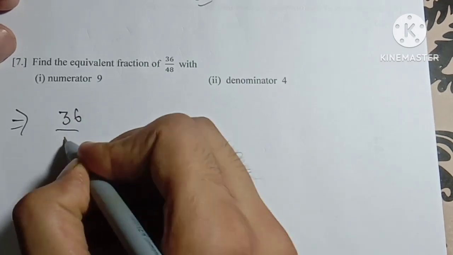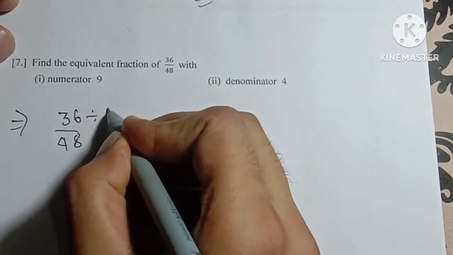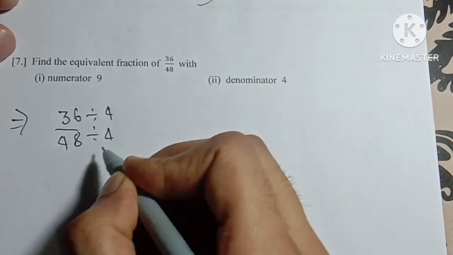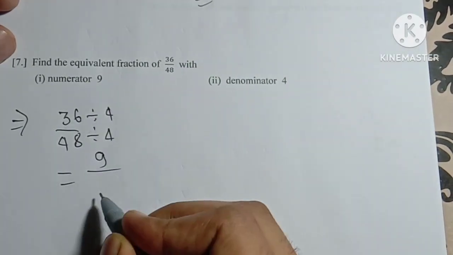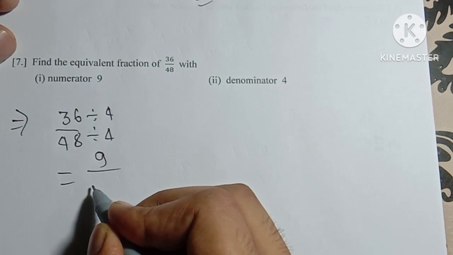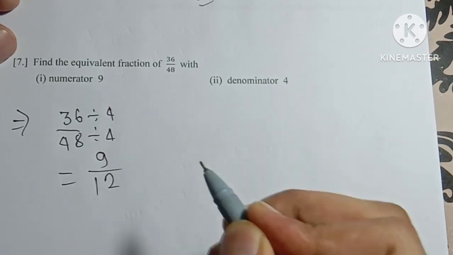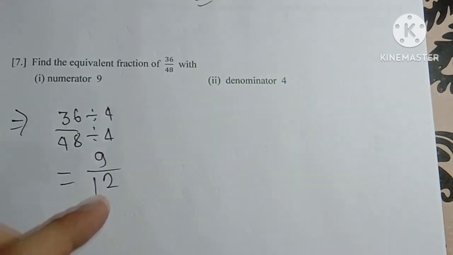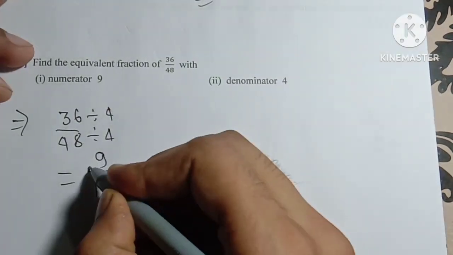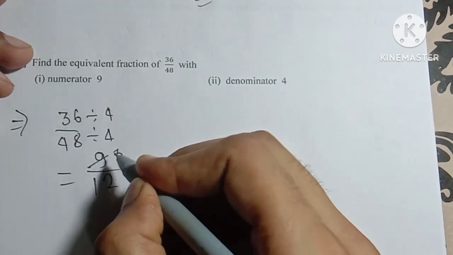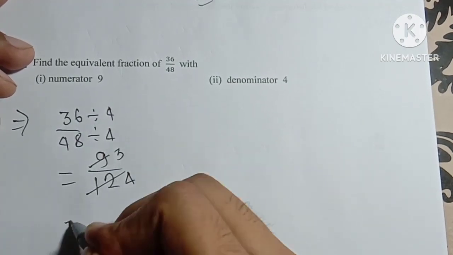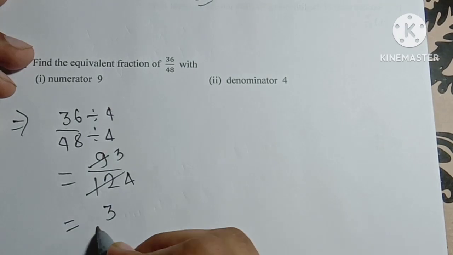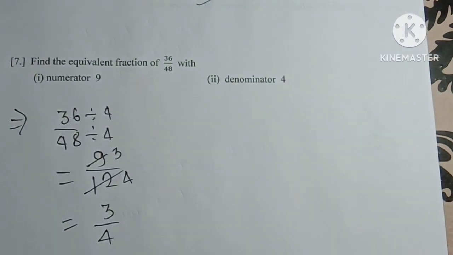So 36 by 48 we will divide by 4 in the numerator and denominator. On doing so, in the numerator 9 and in the denominator 12. You can further simplify this fraction also. From 3, if you cut 3 threes, 3 fours, so you will get 3 by 4.